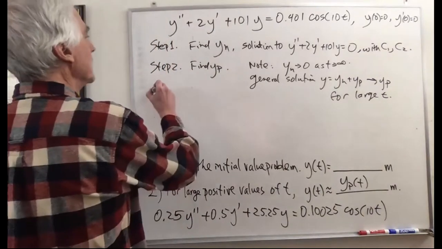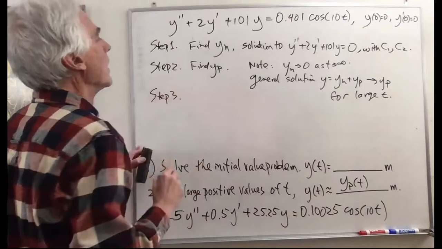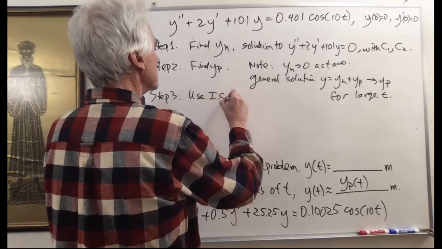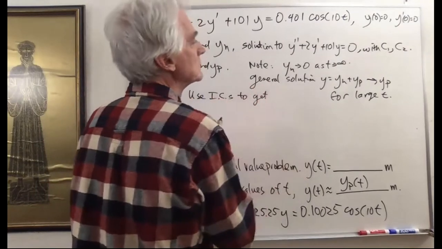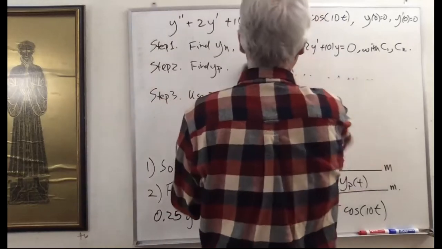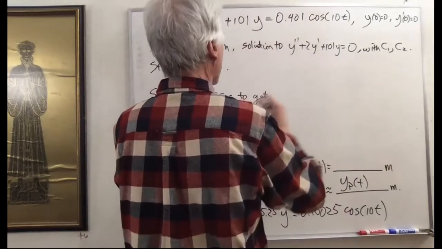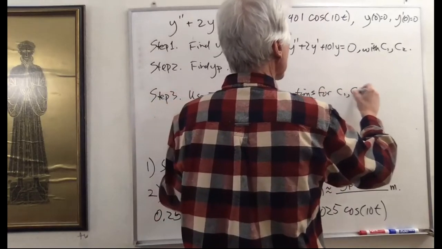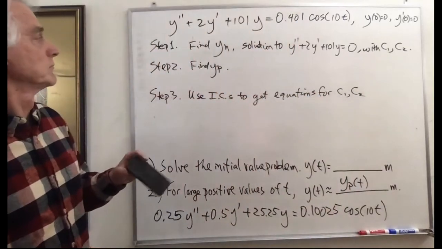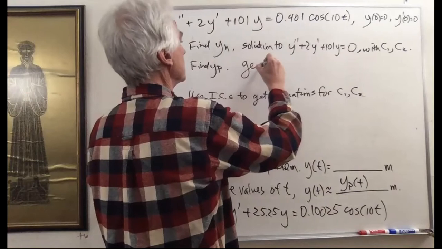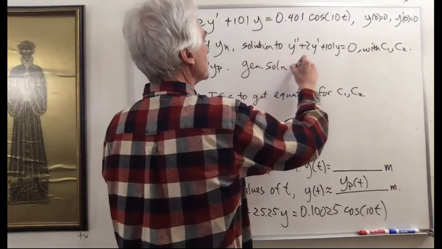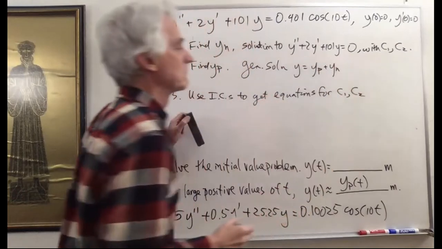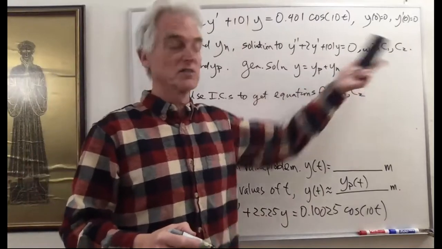And then step 3. Use the initial conditions to get equations for C1 and C2. In the general solution, which is y equals YP plus YH, YH has those constants C1 and C2.